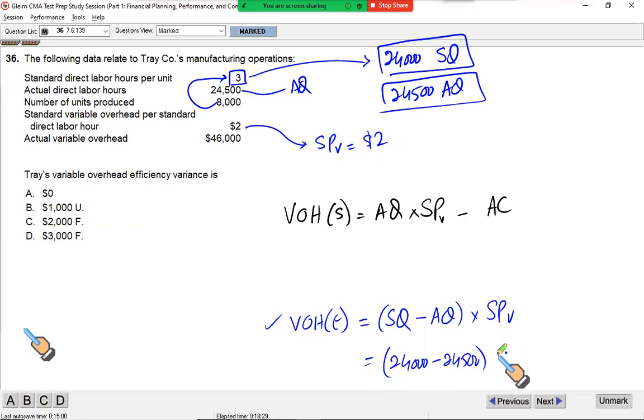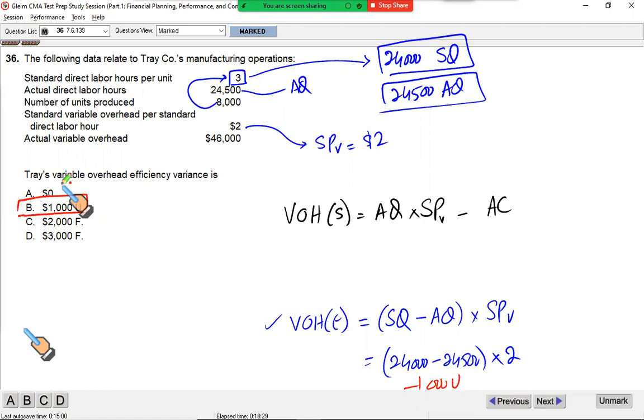We used more, multiplied by the variable overhead absorption rate, which is given here, $2. If you simplify this, you will see it's going to be a negative number: 24,000 less 24,500 multiplied by 2, it's 1,000 and it's negative. So it's 1,000 adverse, so that makes B the correct option.